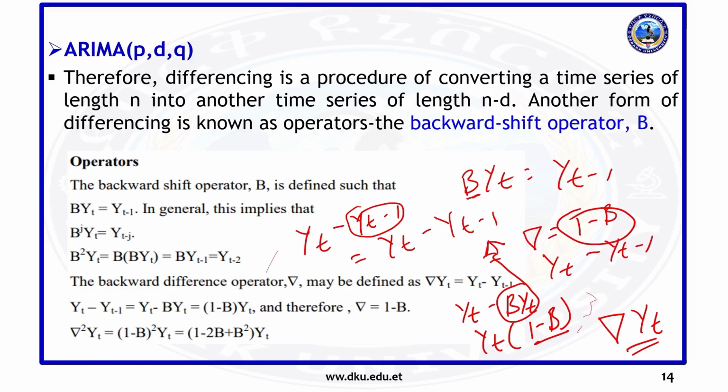Why is this important? Using the backward shift and difference operators provides a compact algebraic way to represent lags and differences. This makes building and manipulating ARIMA models much more straightforward, especially when working with multiple lags and differencing steps.